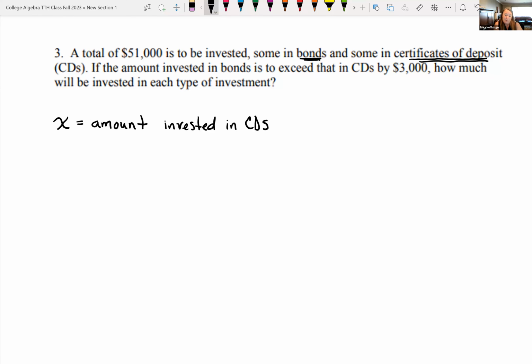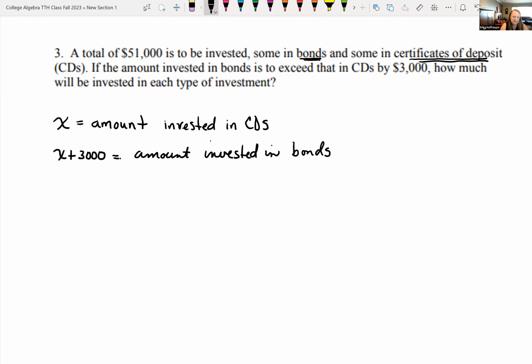If we know that the amount for the bonds has to exceed the CDs by $3,000, that tells me that it needs to exceed by 3,000. So X plus 3,000, the amount of the CD plus 3,000, is equal to the amount invested in bonds. Okay.